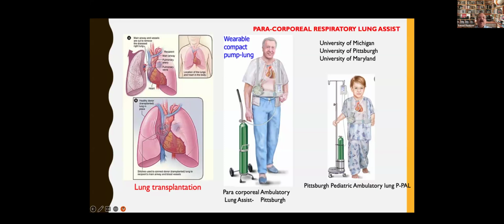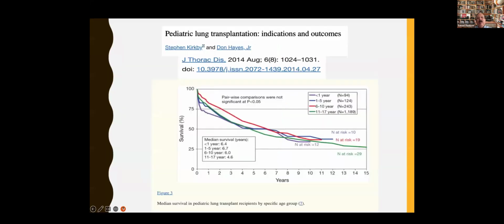Lung transplant following COVID era is talked about as a very important technology. Pediatric lung transplant wise, they have reasonably good results. You can see the survival rates here as well.